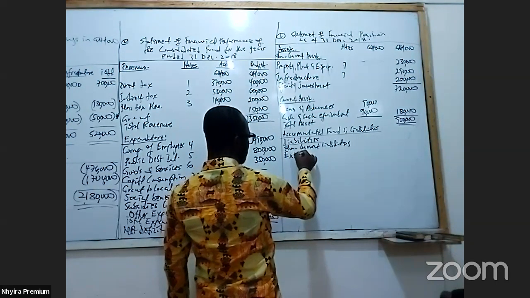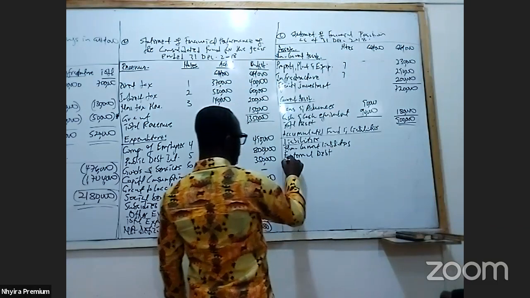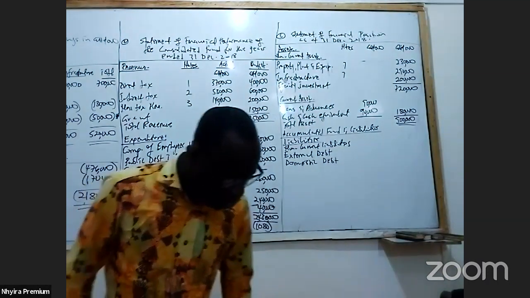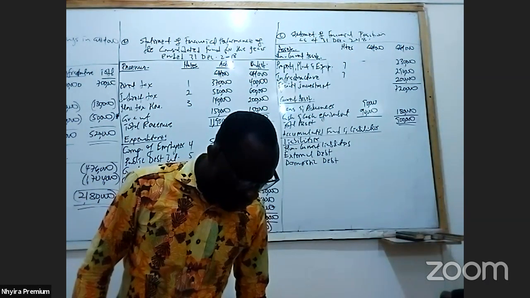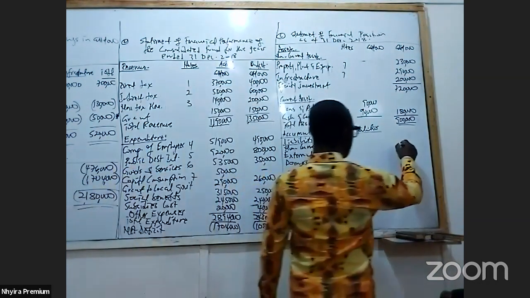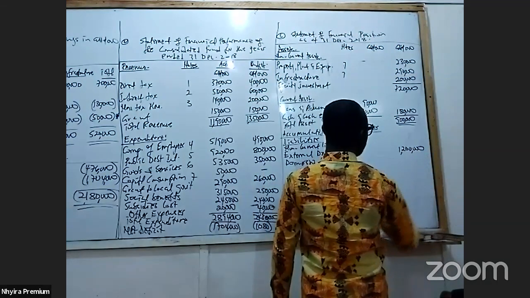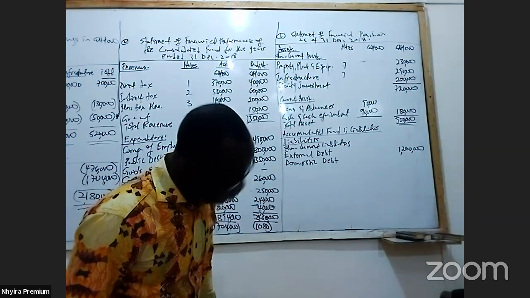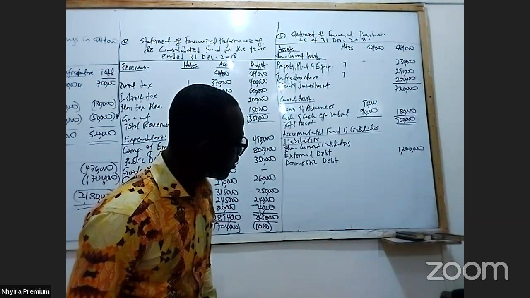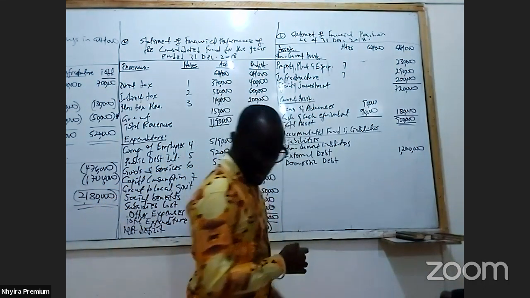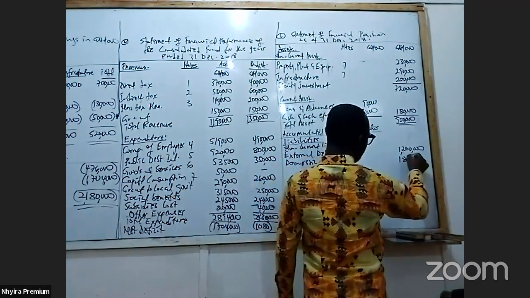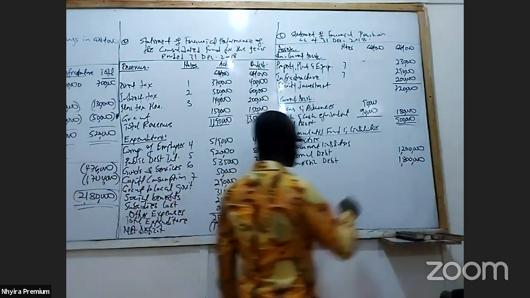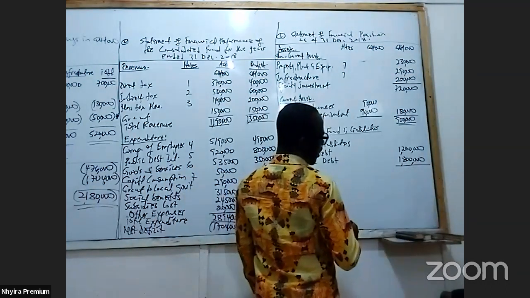The external debt is 1.2 billion, and then the domestic debt, 1,800. That is going to be added up to give us 3 million like this.